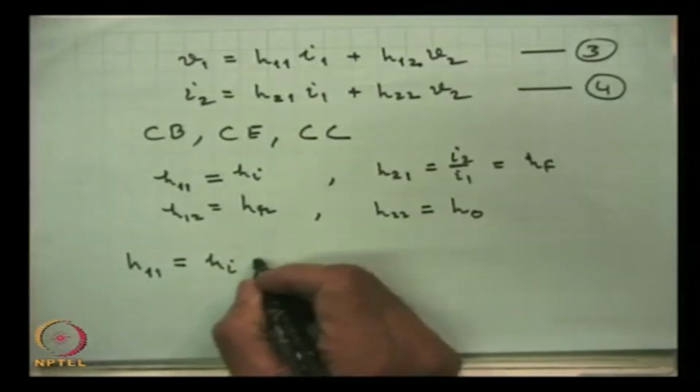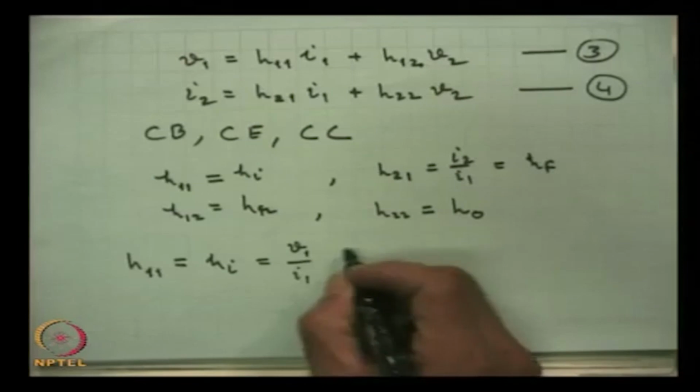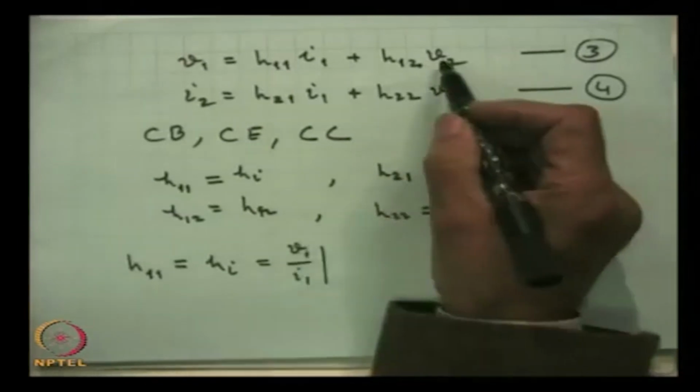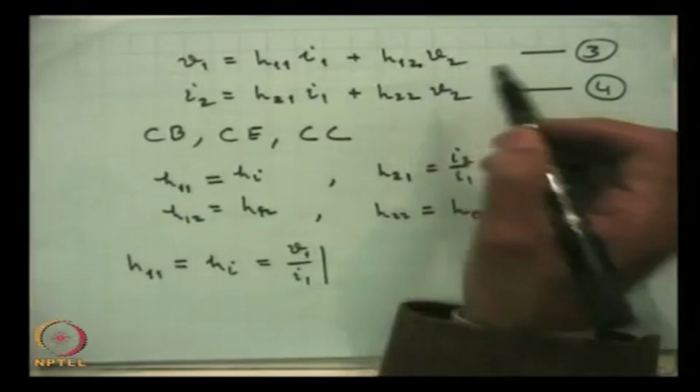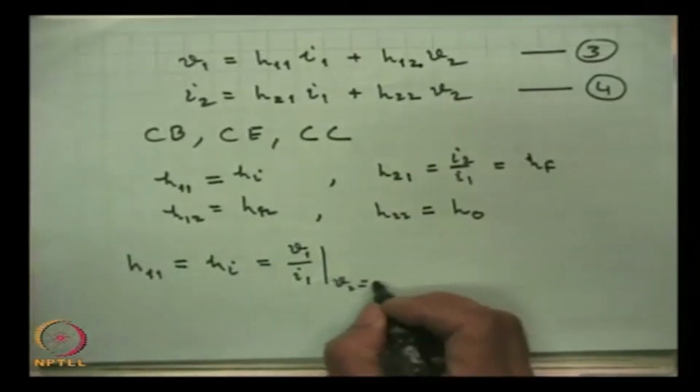So this is defined as V1 by I1 under the terminal condition that V2 has to be 0.